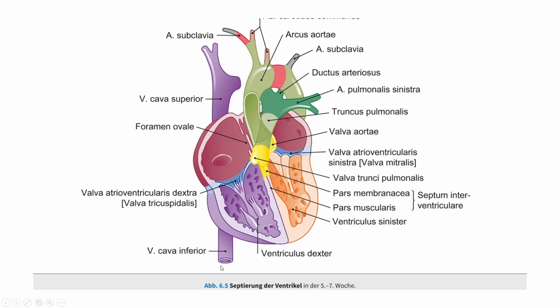Vena cava superior and vena cava inferior is the same. Here we have the valva atrioventricularis dextra, also called valva tricuspidalis, and here the valva mitralis, also called valva atrioventricularis sinistra. Valve aorta, here it goes to the aorta, and we normally have also the valva trunci pulmonalis, which is then located here.